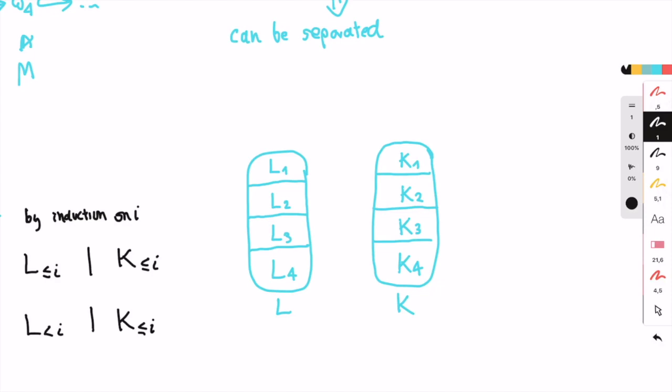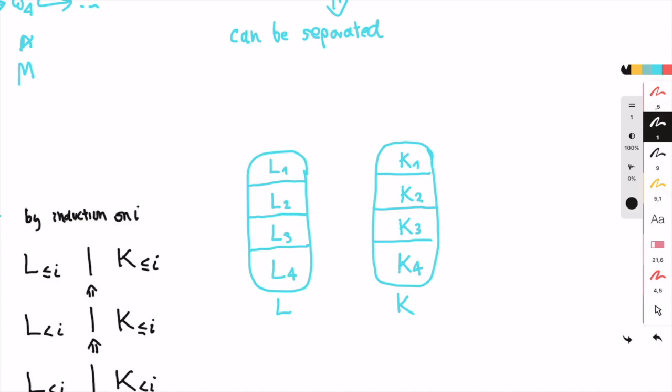So the order of events is going to be like this. If I can separate, I will first prove this, and then I will prove this. This will give me the induction step. So let me first prove the bottom implication from this one.